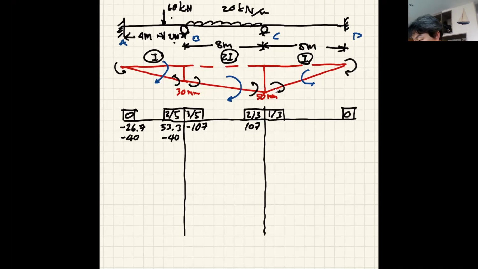And we have here minus 30, because these two pairs are negative because your members rotate clockwise, so you have counterclockwise moment. But for the last one, it is positive because your member rotates counterclockwise. Okay, and then that's it.